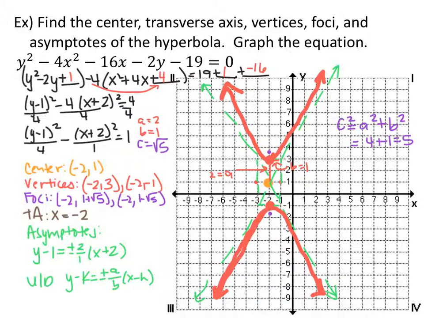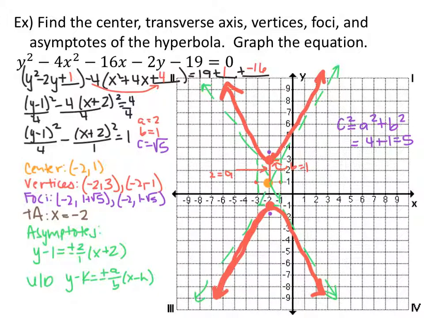For asymptotes, I went up a distance of 2 to get this vertex, that's distance A, and then to go to the sides of my box, that's a distance of B, which is 1. So then I created my little box and then made my asymptote lines through the corners of the box and the center. The center has a y-coordinate of 1 and an x-coordinate of negative 2.